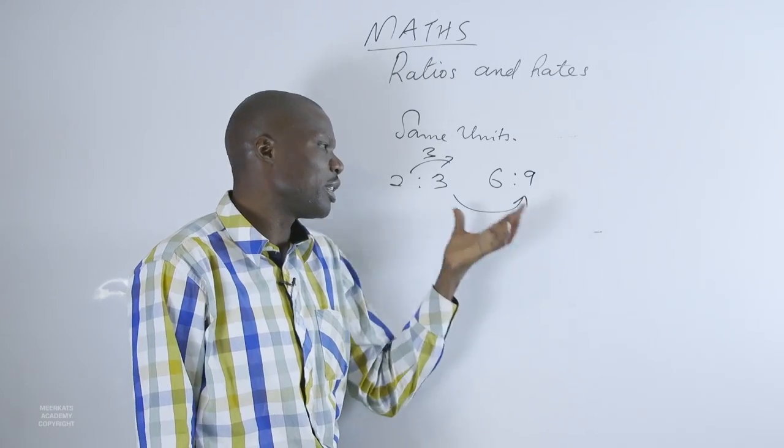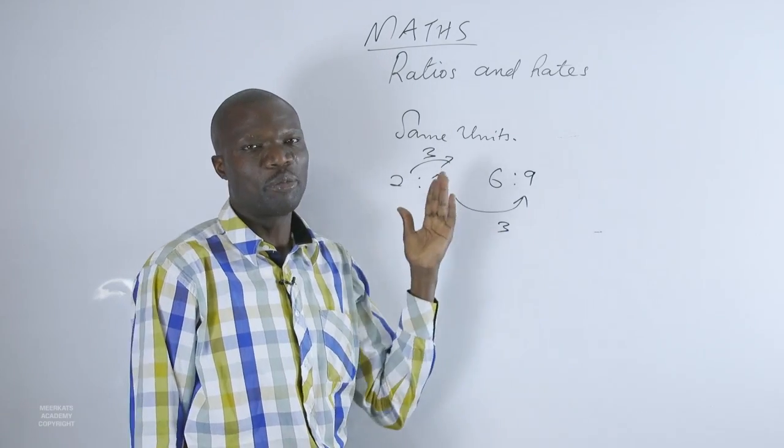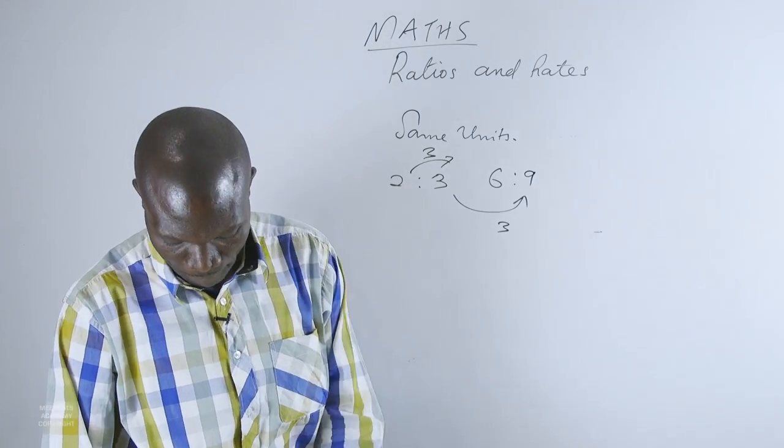An equivalent ratio is formed when you multiply both the first one and the second one by the same factor.